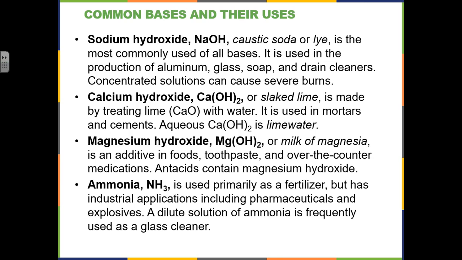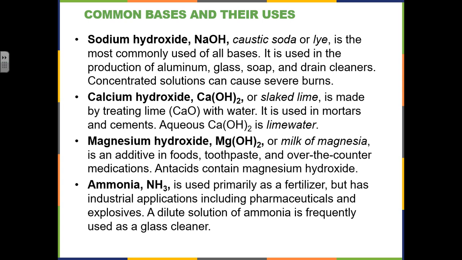Now, if we're looking at some common bases, there are a few of those as well. The most widely known one, perhaps, is sodium hydroxide, and it is the most commonly used. It's used as a precursor in soap and many drain cleaners. Calcium hydroxide is another one, and it's made by treating lime with water, and it's used in cements.